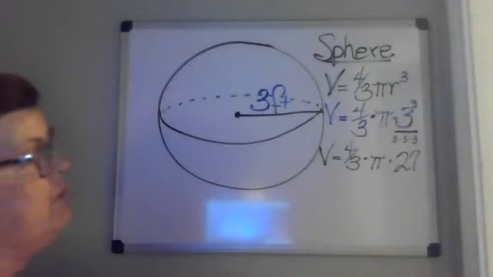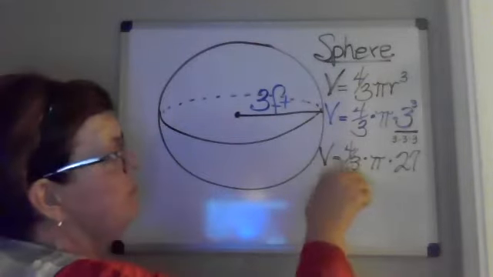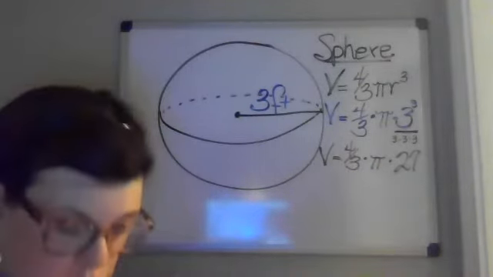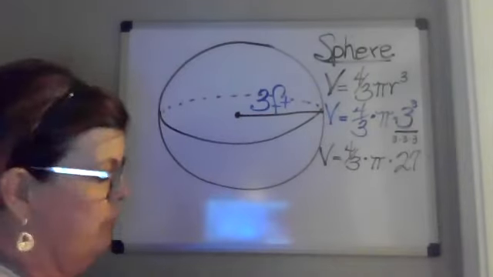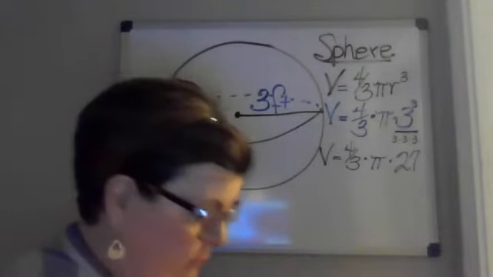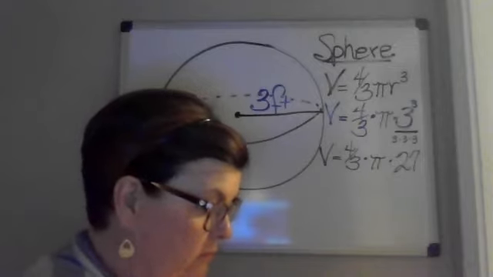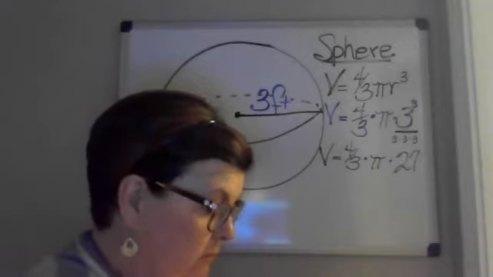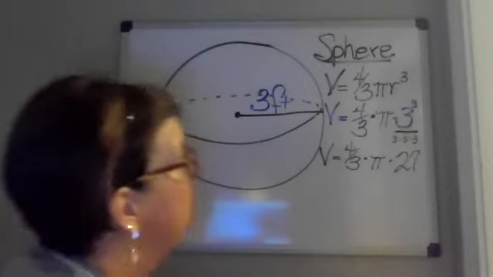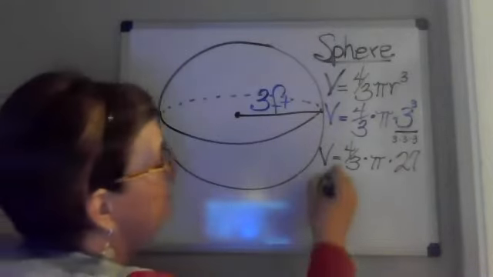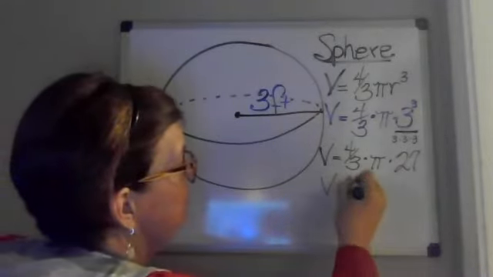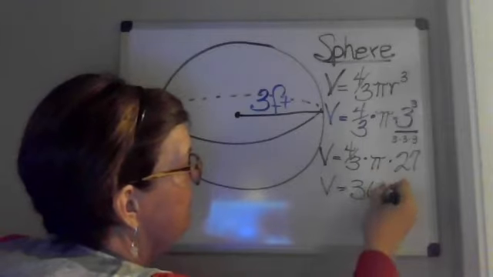If you do this in your calculator, you're simply going to make the fraction 4/3 times the pi button times 27. I'm going to do that for you here. And I get volume equals 36 pi.